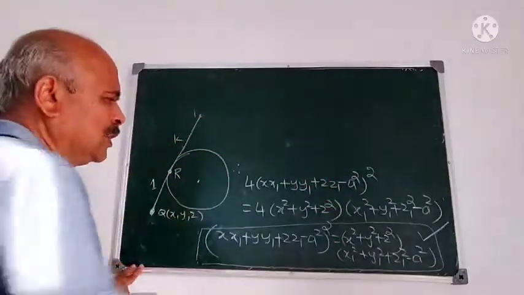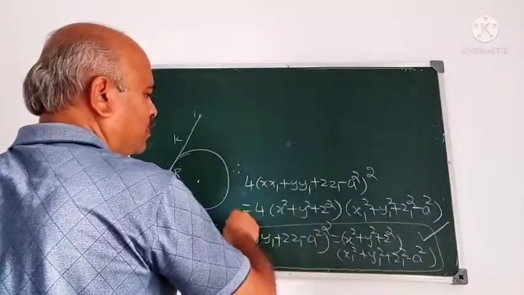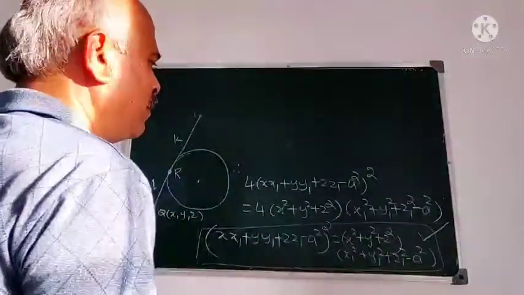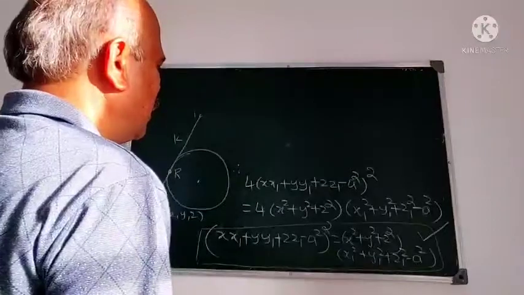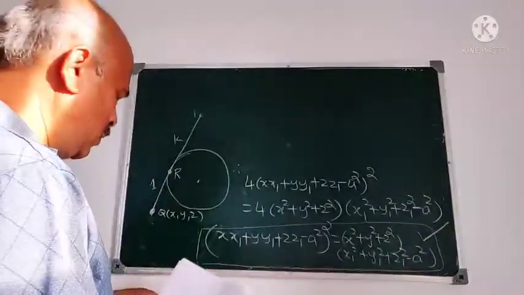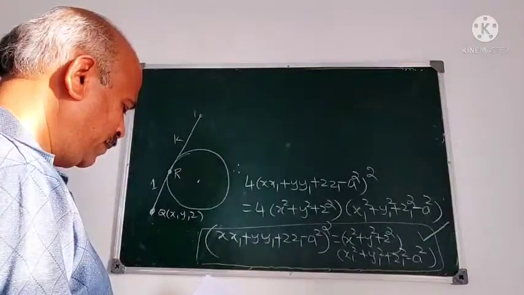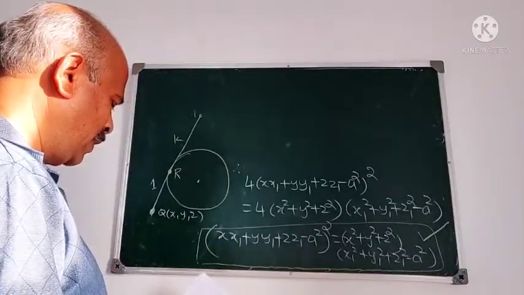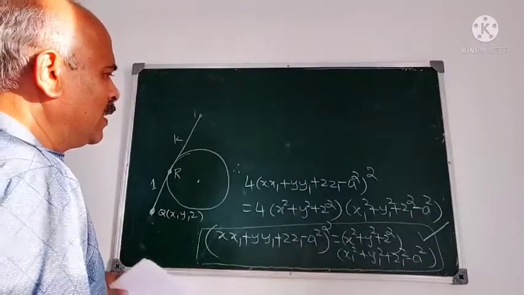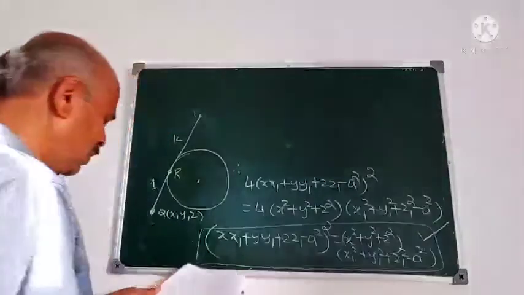Now this equation is simple here. x square plus y square plus z square, correct? x square plus y square plus z square into this. Am I right? Last step. x square plus y square plus z square minus a square is there here, because what was that equation?